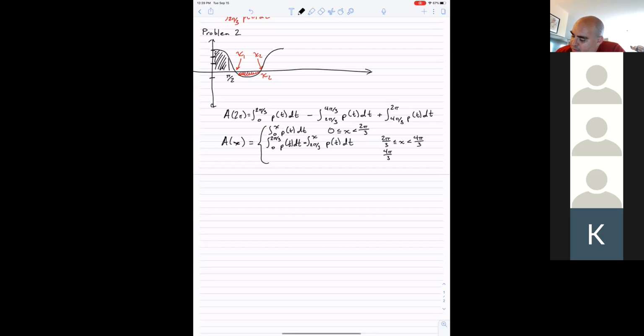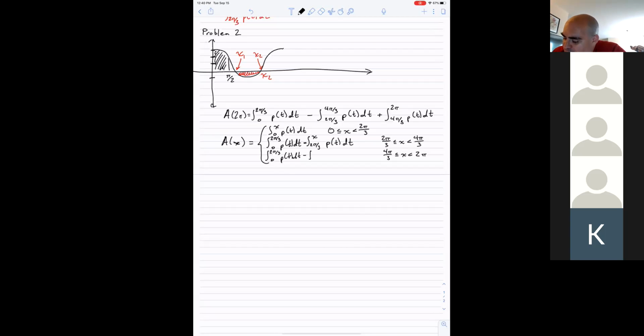So I suspect that you might be catching on to what this last one's going to look like. What would this last piece of this function look like? So again, I'm going to have my 0 to 2 pi over 3 of p(t) dt.